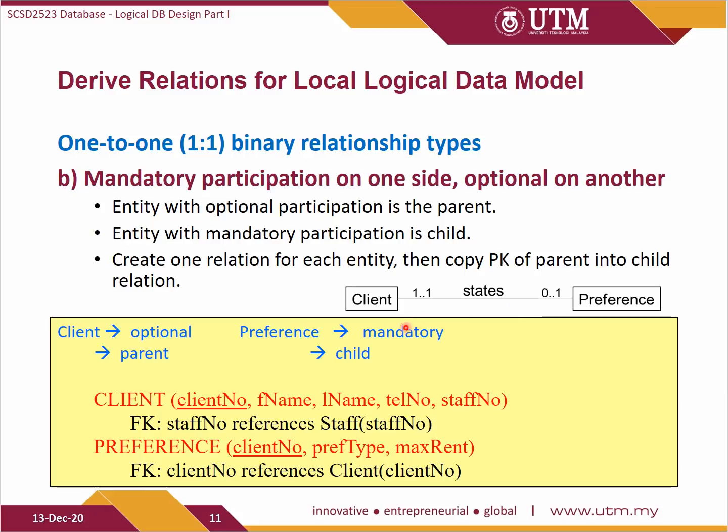So the client entity would be designated as parent entity and the preference entity as a child entity. So then a copy of primary key of the client, which is a parent entity here, would be placed in the preference relation as shown here.